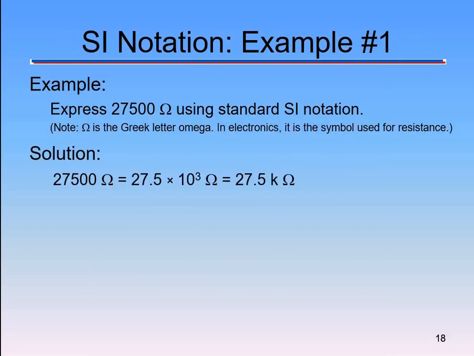So we replace that times 10 to the third with a lowercase k. So 27,500 ohms rewritten in SI notation is 27.5 kilo ohms. And that's how we say that. It's a 27.5 kilo ohm resistor.